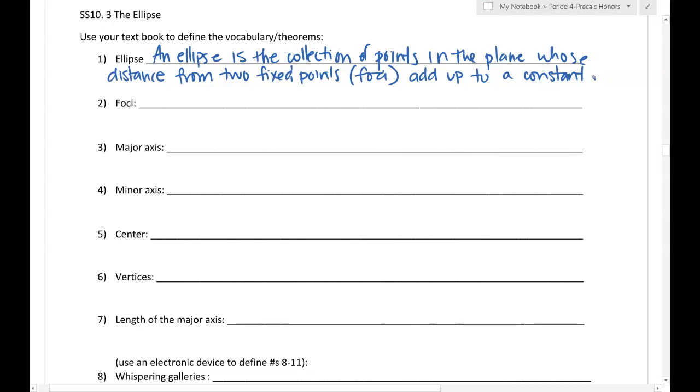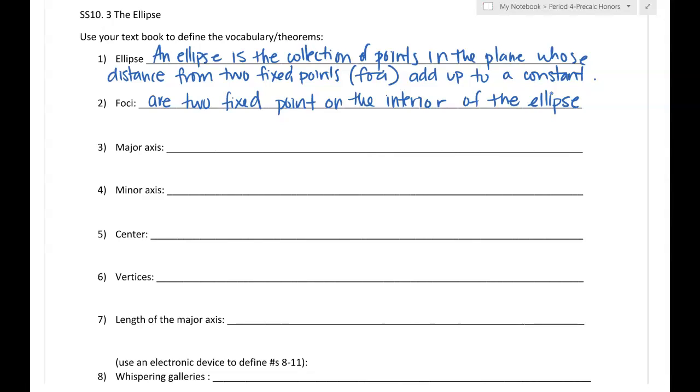Now the foci are 2 fixed points on the interior of the ellipse. Okay, so you guys remember the parabola had one focus.